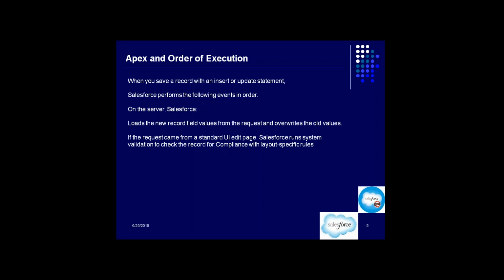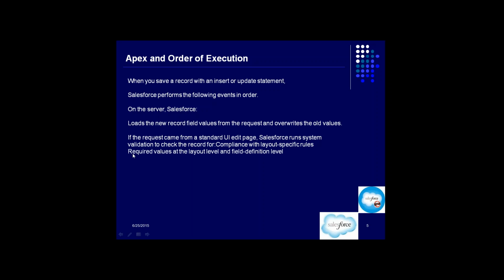But if it is happening from the backend, let's say a data loader kind of thing, then those rules are not checked. Correct. So any field which has been made required specifically on the page layout will be checked in this case, not otherwise, right? If it's coming from the data loader and all that, then it's not checked. Okay, so that's one thing.